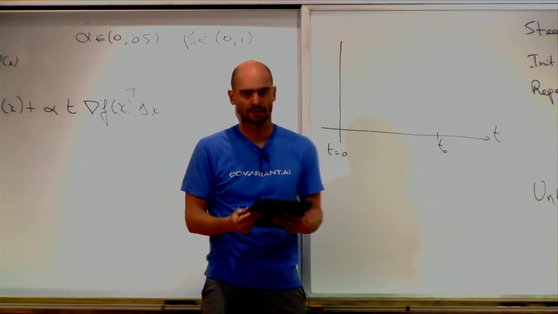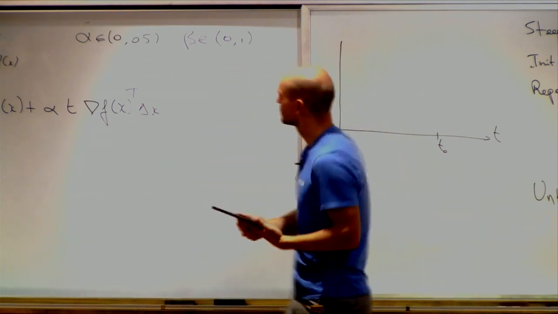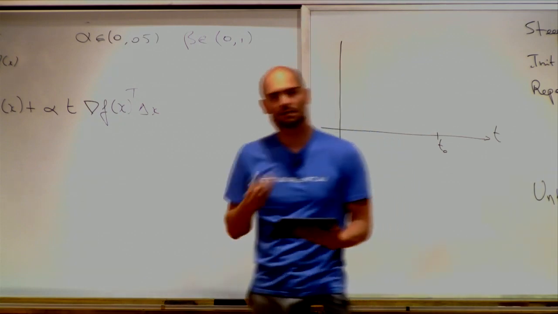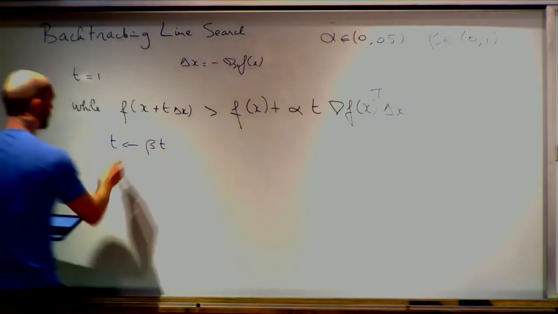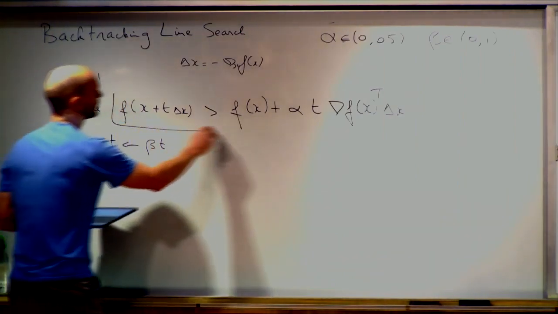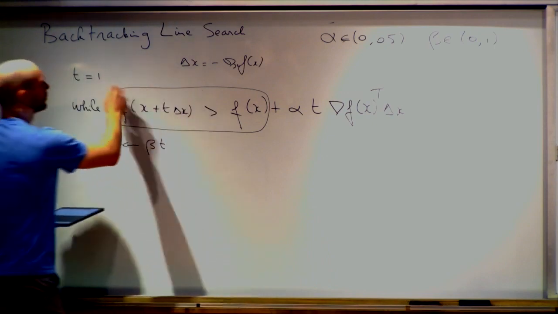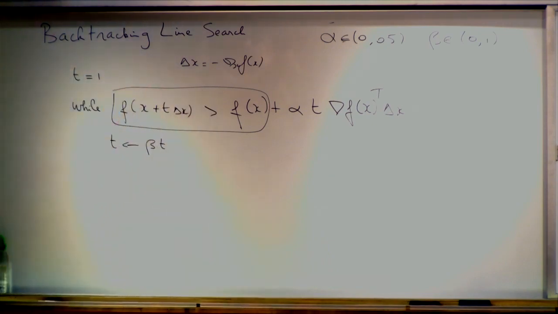Now, the simplest thing you might have come up with, instead of the condition here, is to just say while, what if I just do this and ignore the later part? That would be fairly intuitive. You say, when I make my step, I'm higher than before, it's bad, I should shrink my step size and repeat.